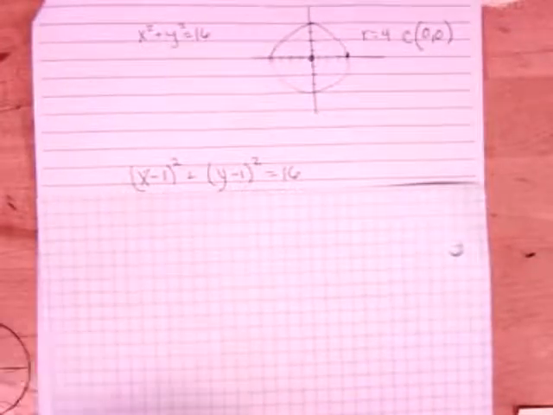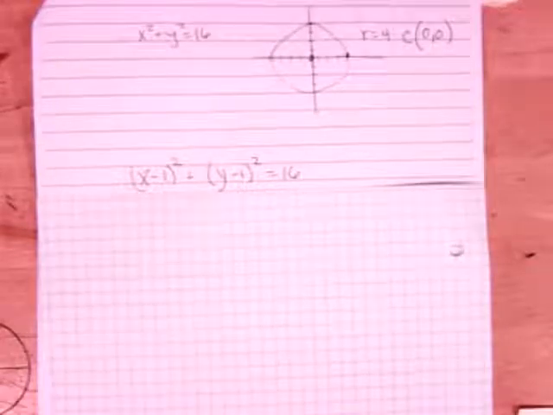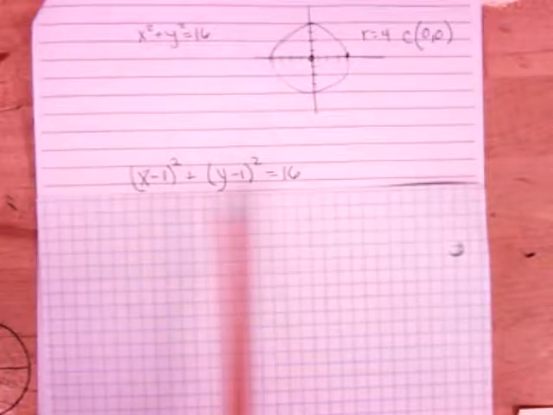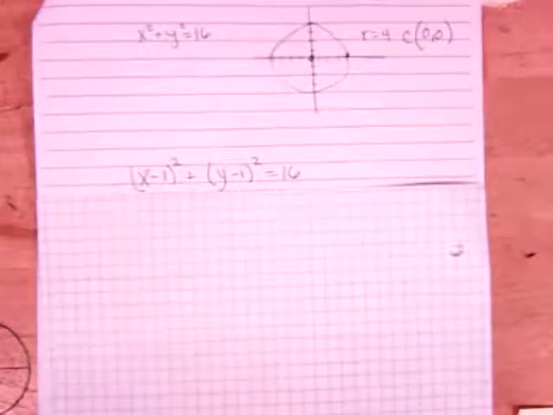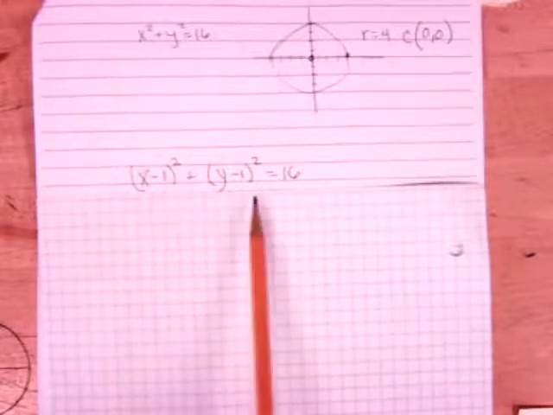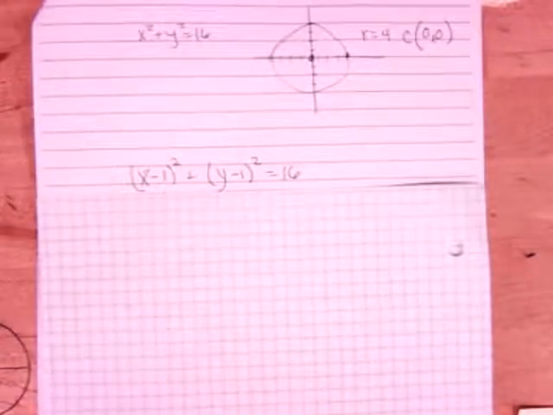Here's a very similar yet different equation. It is also a circle, because this is not 1. What's its radius? 4. But whereas this was at 0, 0, where do you think this one is? 1, 1 is its center.